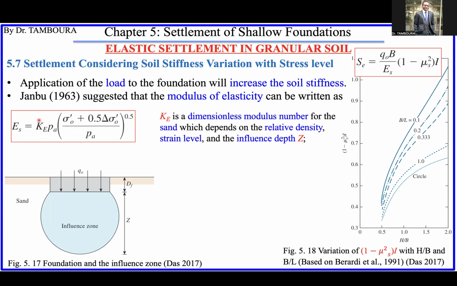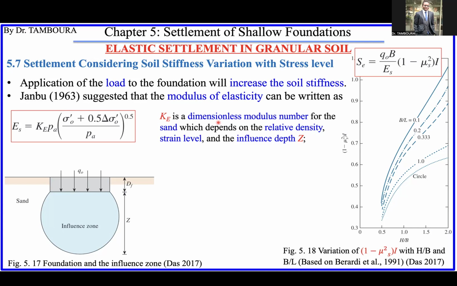Okay, K_E. K_E is what we will call the modulus number. The modulus number, no dimension, for sand. And it depends on the relative density of the soil, the strain level, like strain, some people mistake strain and deformation.